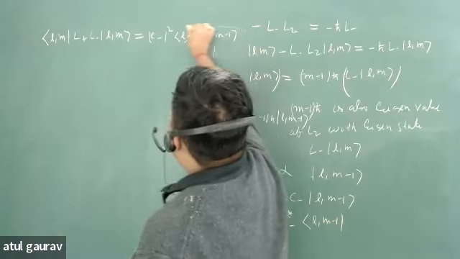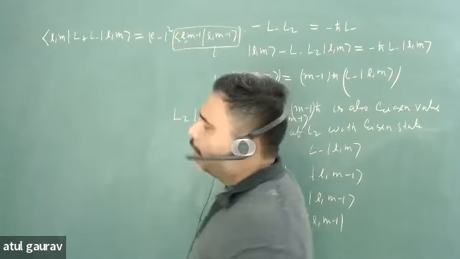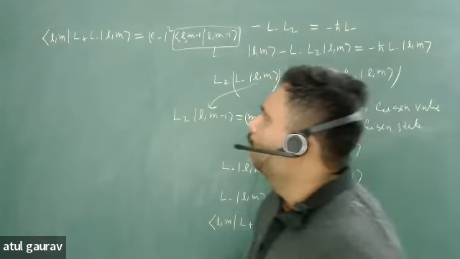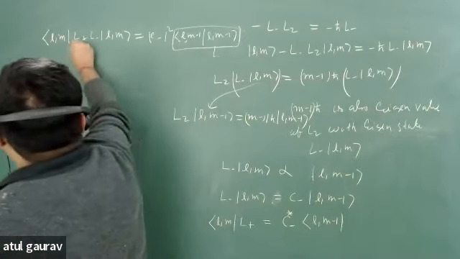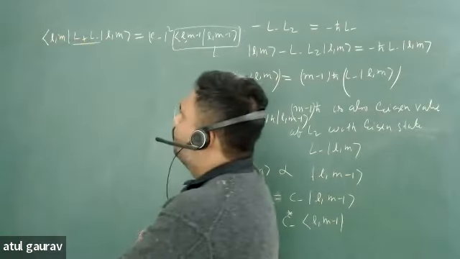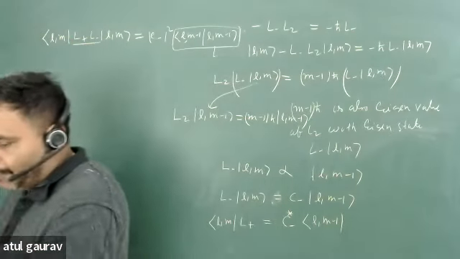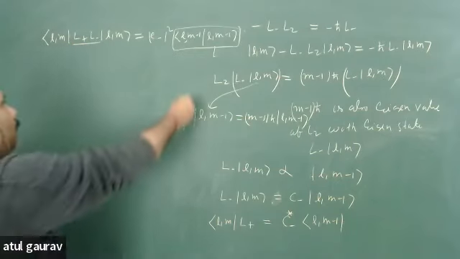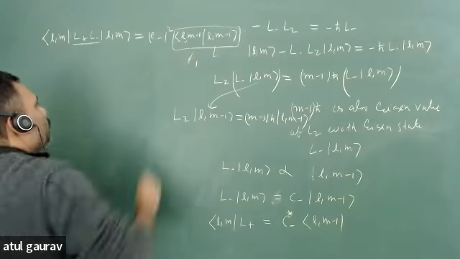So what is this value? What will this value become? 1. So that value is 1. And now we have to go for L plus L minus. Which one do we have to go for, L plus or L minus? So when we go for L plus and L minus, let's calculate the value of L plus and L minus. This value is equal to 1.